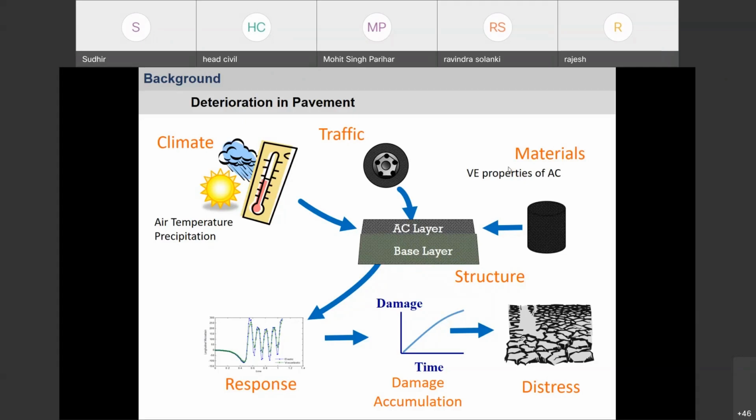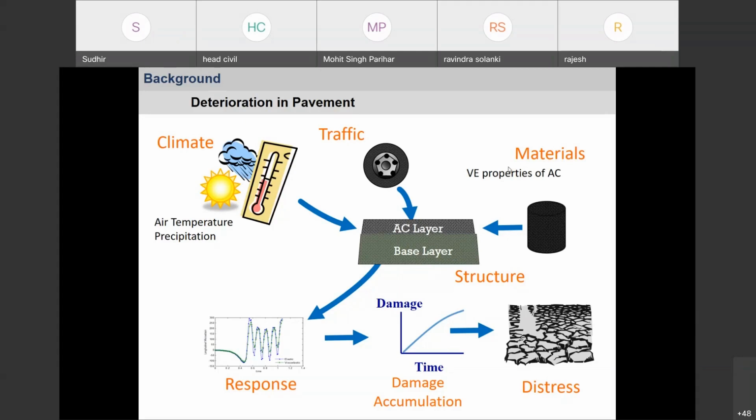Okay. And it's the result of this accumulation of damage that you start seeing distresses happening in payment structure. Okay. This distress could be in form of cracks that you see, or it could be in form of permanent deformation that you see. Okay.